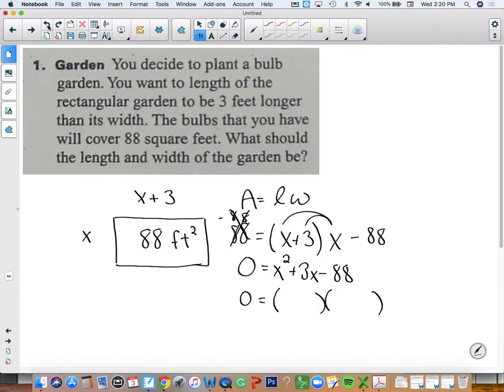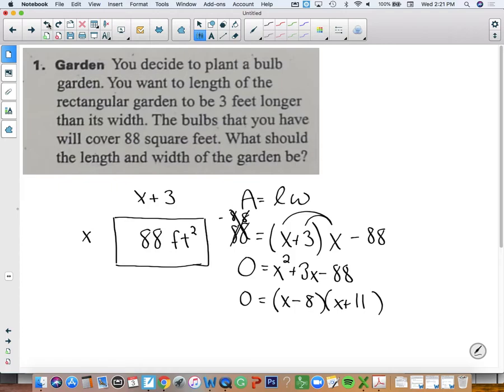Well, 88, that's 8 and 11, right? 8 times 11 gives me 88. So let's see if that works. We have x minus 8, x plus 11, because we want those two factors to add to that positive 3. Do negative 8 and positive 11 add to a positive 3?